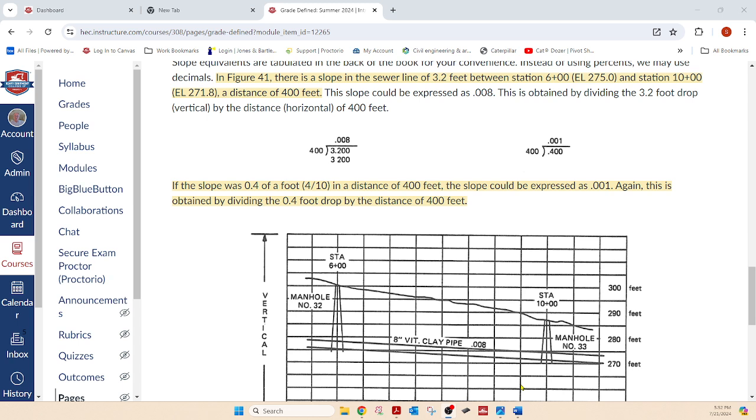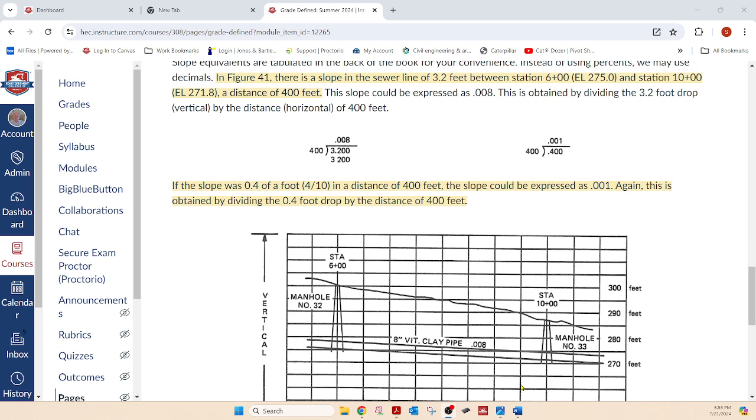probably 0.013, we could call it, multiplied times 100. That's a lot flatter. The 0.008 is a 0.8% fall.